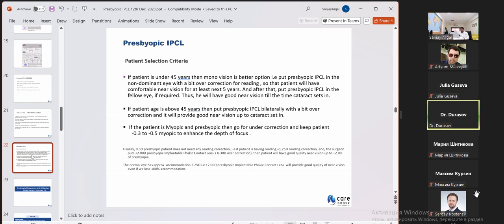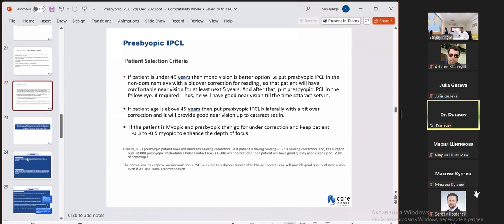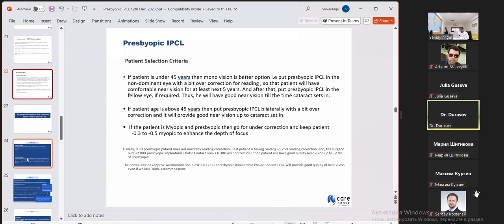So even after a few years, if the patient loses complete accommodation, still he or she will have a good quality of near vision till the cataract sets in.